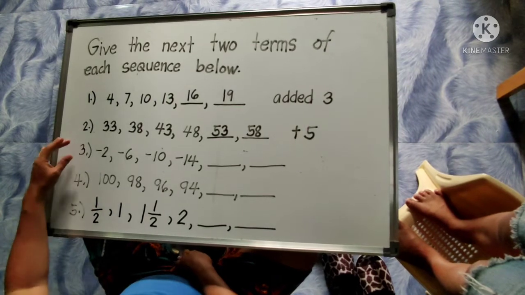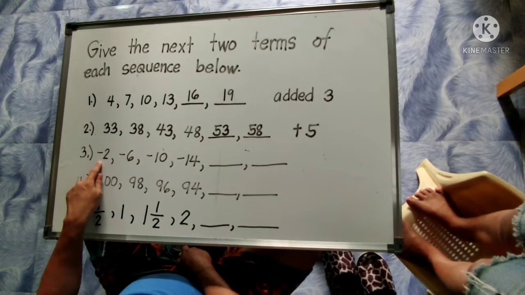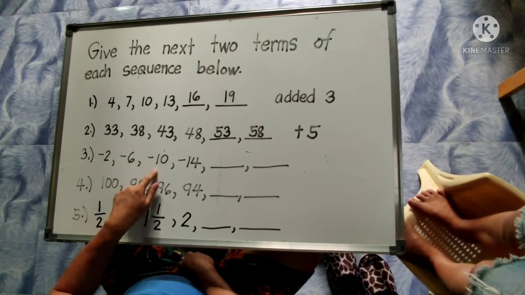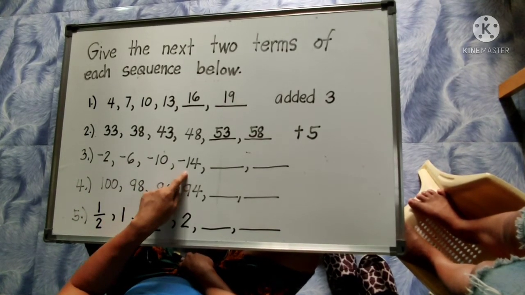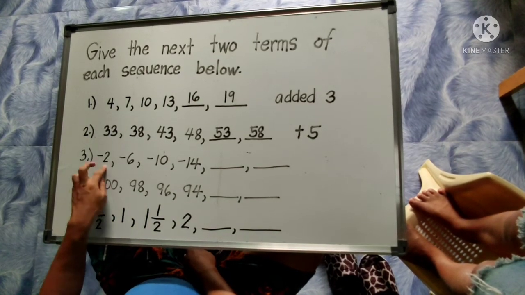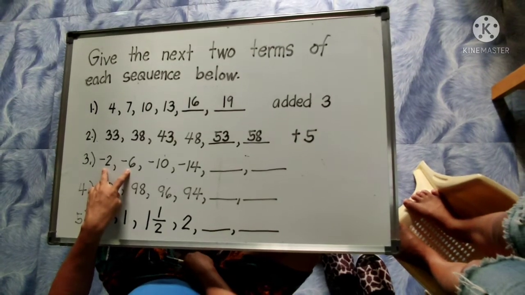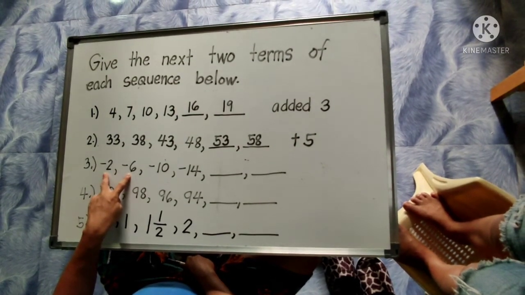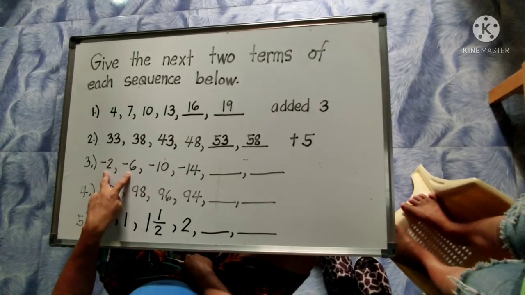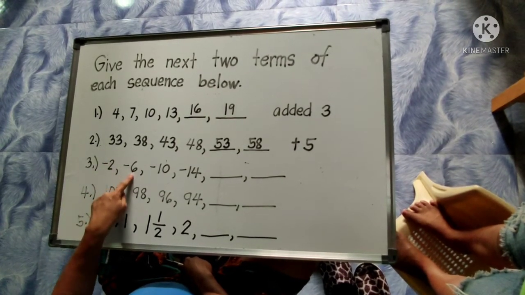Now let's proceed to number 3. Negative 2, negative 6, negative 10, negative 14. Negative 2 becomes negative 6, and that is possible if you have added negative 4. Negative 2 plus negative 4 is negative 6.